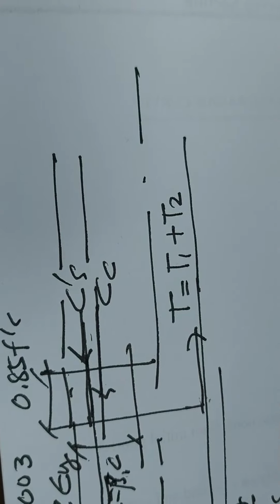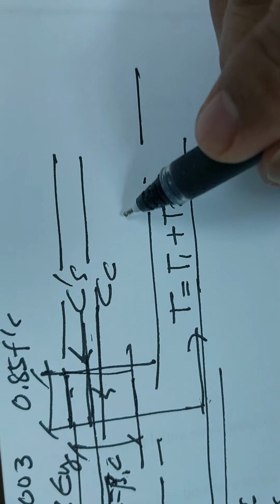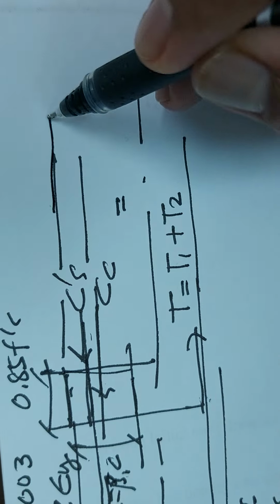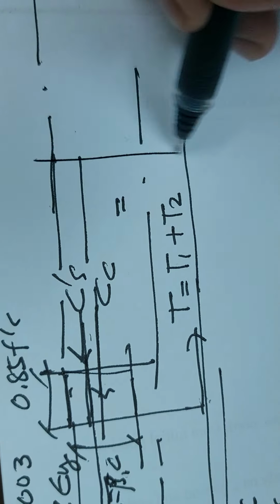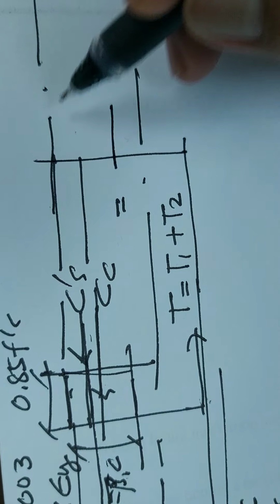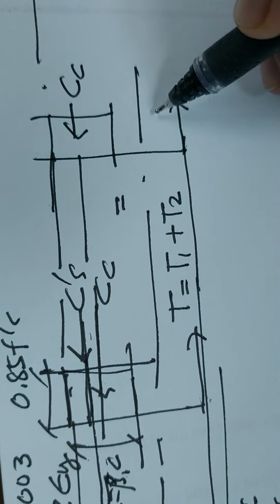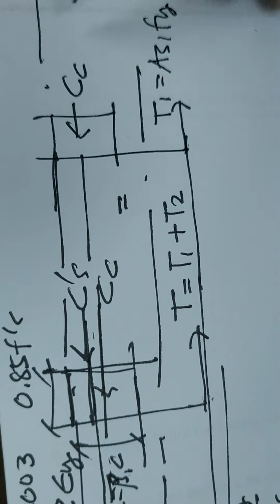Therefore, in this stress diagram, this can be dissected into two separate stress diagrams. The first can be presented as for the concrete, C sub C, while here is T1 equal to AS1 Fy.